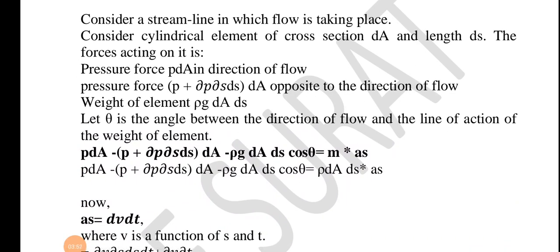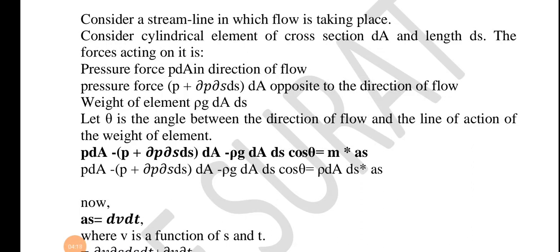We also know that force equals mass into acceleration. Okay, so here two forces are acting. So we take the algebraic sum of that. First P dA, that is positive, minus P plus del P by del S into ds into dA, that is the resisting force, which is negative, in the opposite direction.